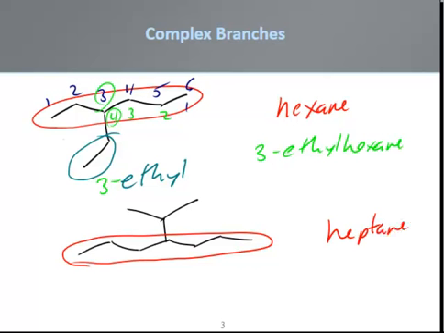But now we have this branch that also has a branch on it. So we can use the same sort of mechanics that we did before. Let's find the longest continuous carbon chain in the branch. And so if we do that, we can go in that direction and see 2 carbons. So this is an ethyl branch, but the ethyl group has a branch on its own, and in this case it's a methyl group.